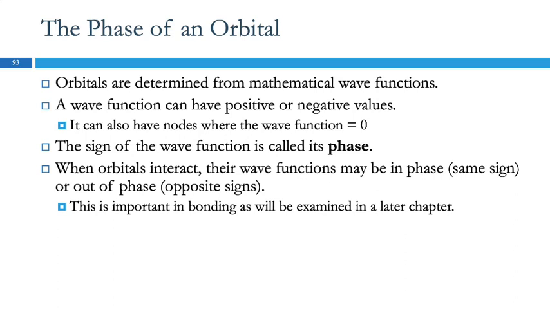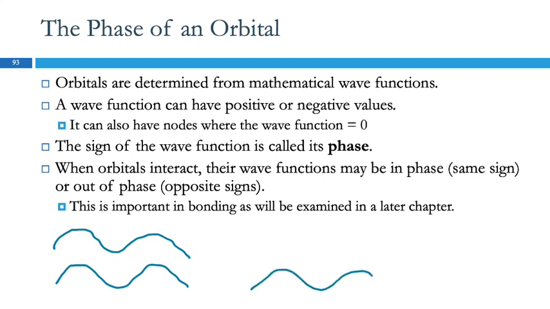So these orbitals are essentially waves, right? Waves can have positive or negative values. Like when we looked at the interference between waves, we could have two waves that are in phase with each other, or waves that are out of phase with each other.